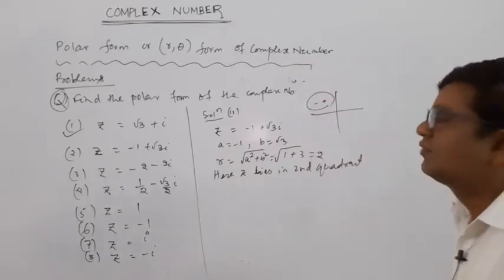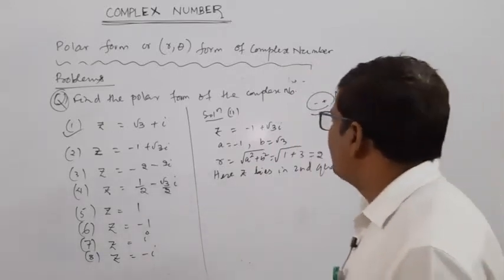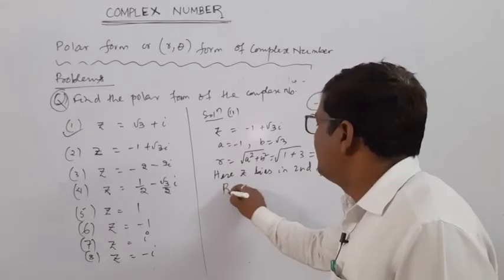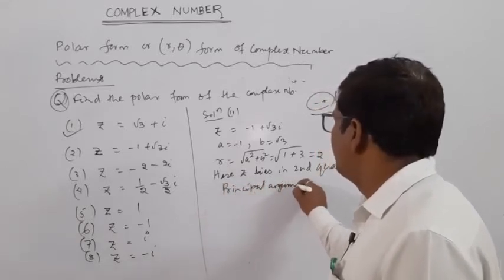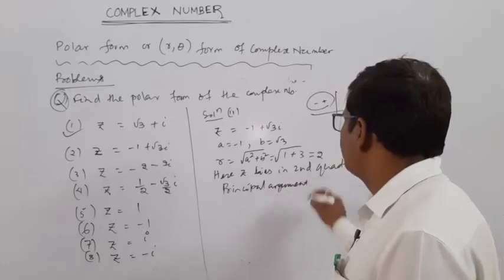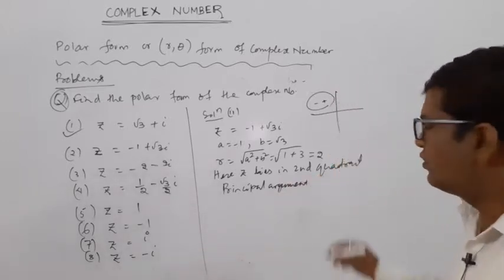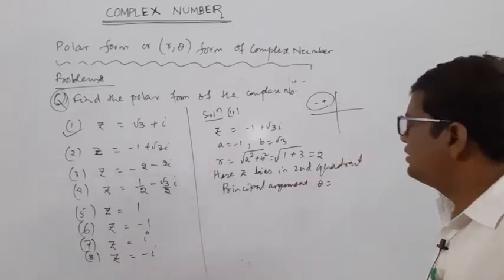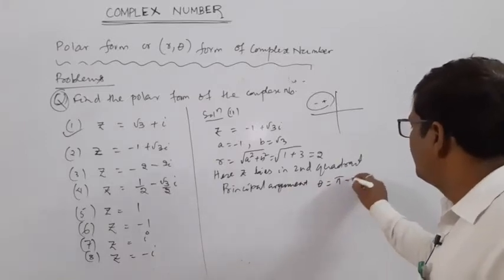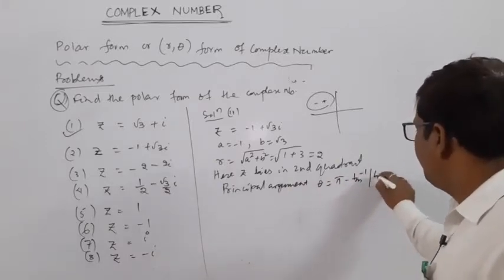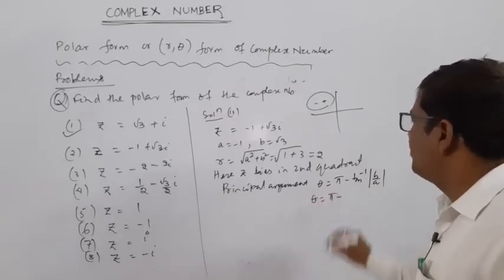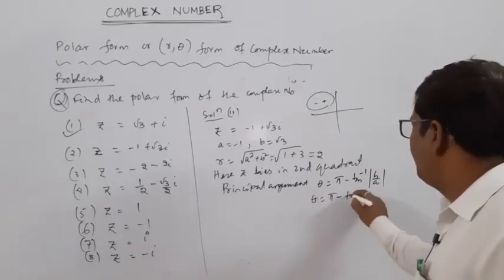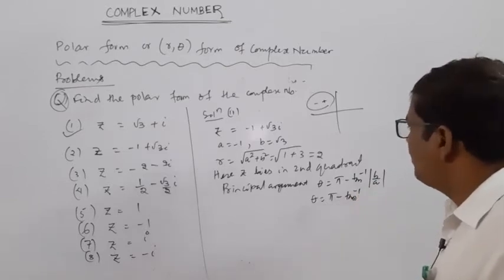So the principal argument theta is equal to pi minus tan inverse of mod of b by a.